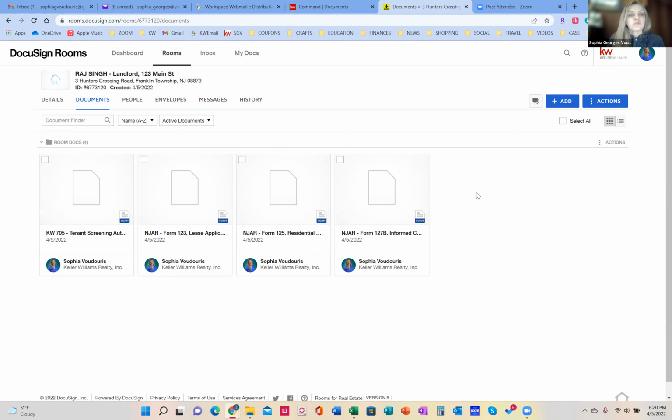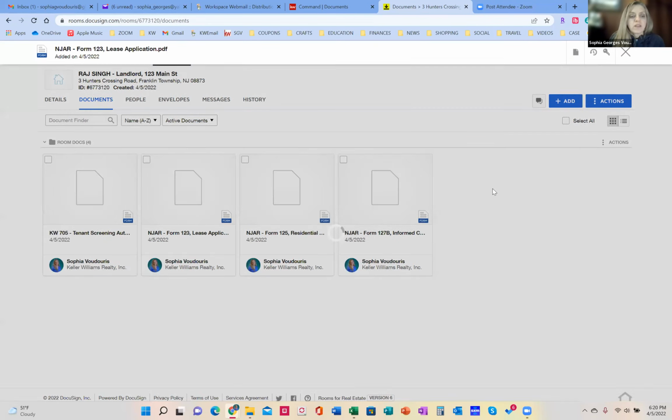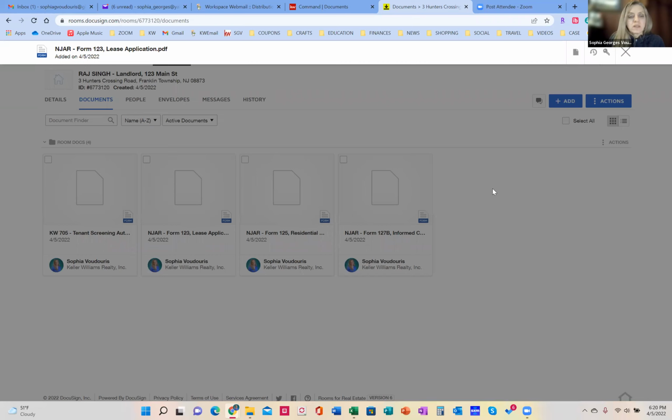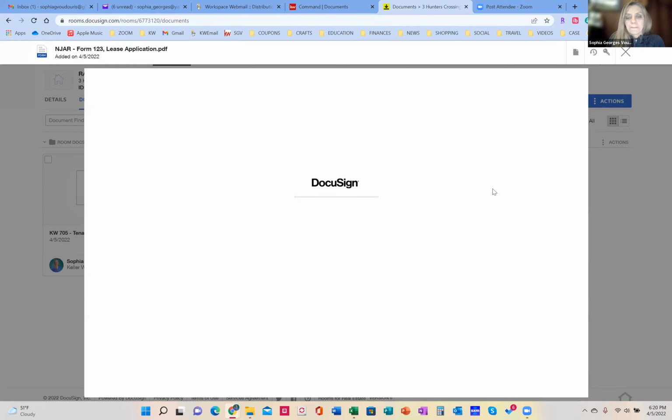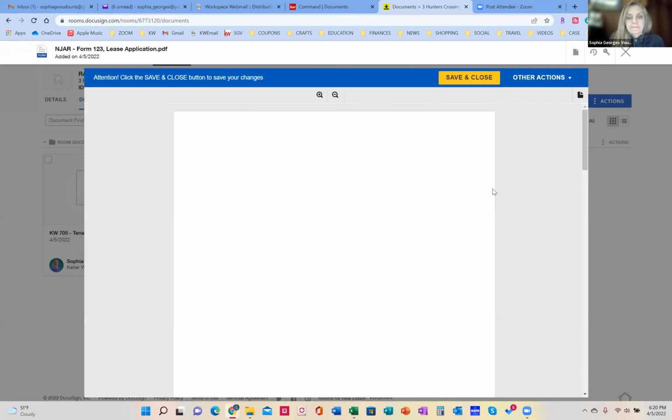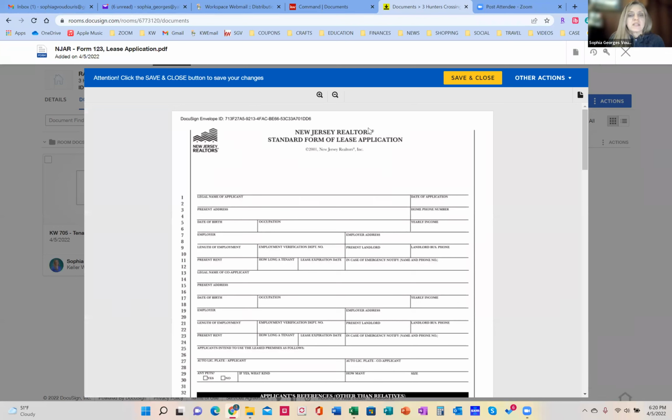So you're going to show them the rental. They're going to say, oh, I like it, and then they're going to apply for it, right? And so you have a lease application. So when you click on that, right? This is the standard form, the lease application.